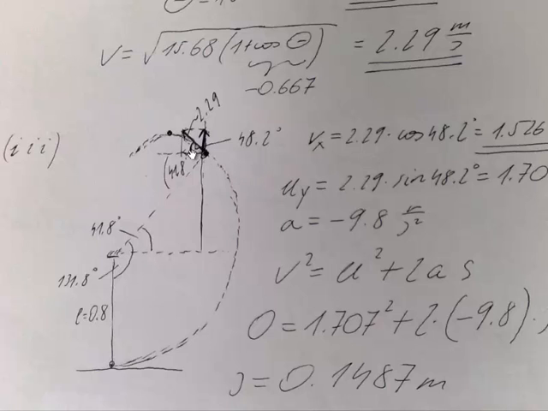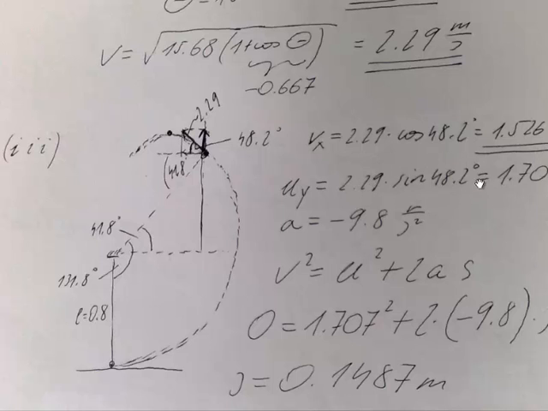Now we have to calculate this height. First we calculate this distance. The initial speed is here.